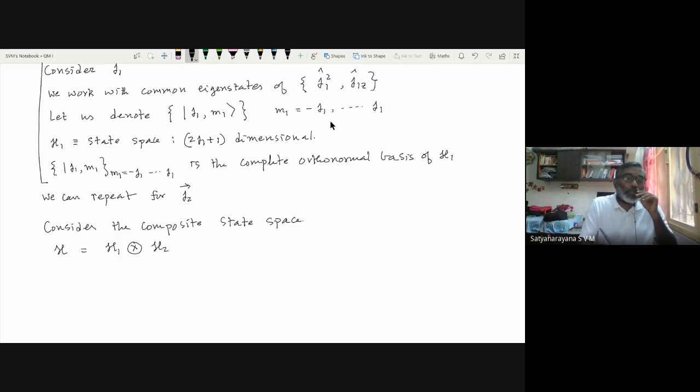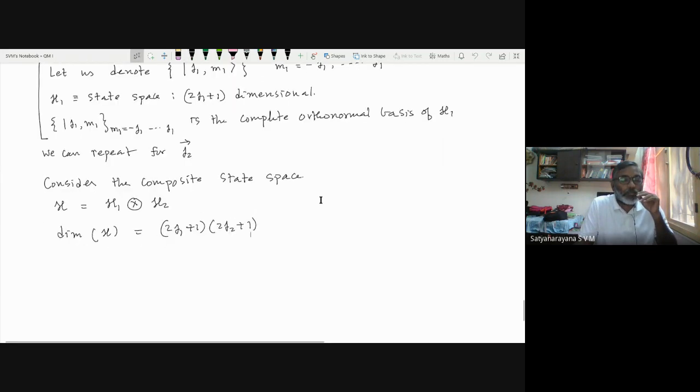That means the dimension of H is equal to 2J1 plus 1 multiplied by 2J2 plus 1. So this is the dimension of this composite Hilbert space.